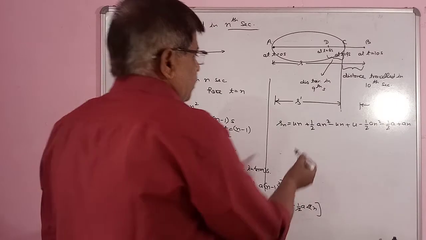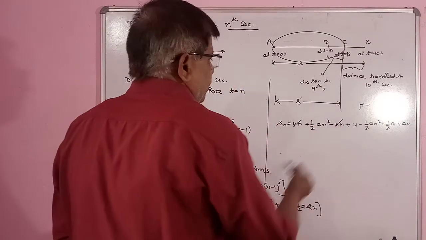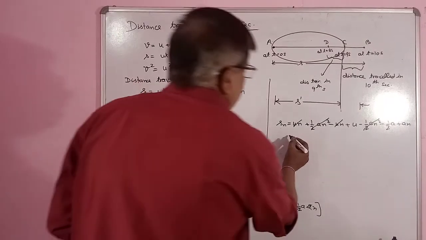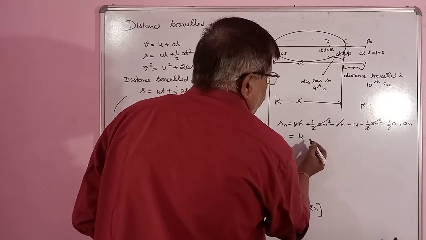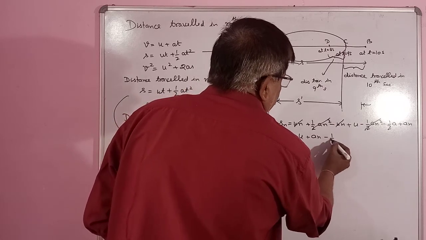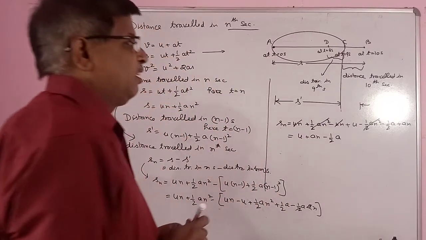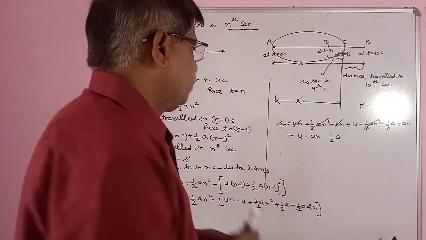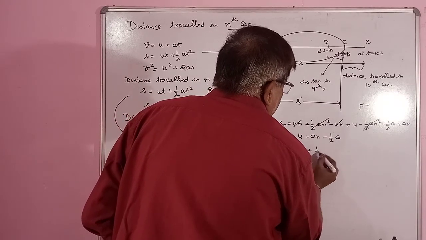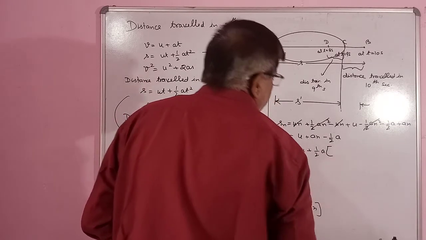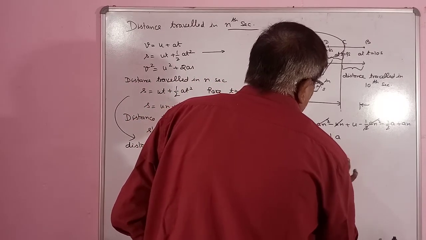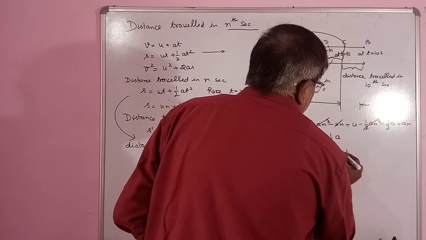So this un cancels, and what is remaining? U plus an minus half a. This will be left. So Sn equal to u plus half a into 2n minus 1.